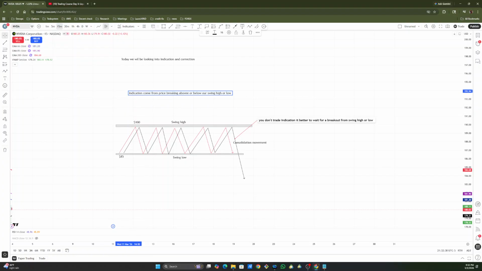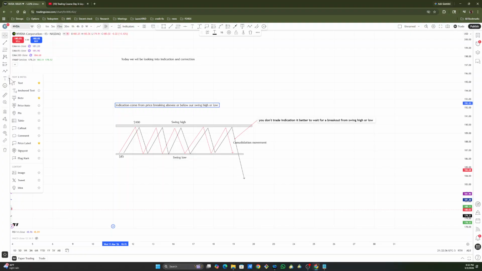So this is what the market does. This is what the indication does, meaning that this only comes after we have a breakout. It could be from above the swing high, which is this very one right here, or the swing low.